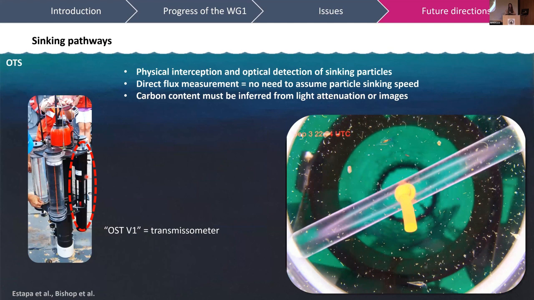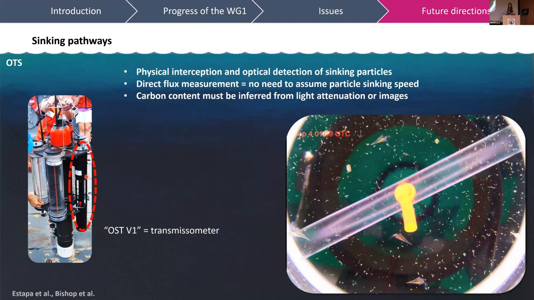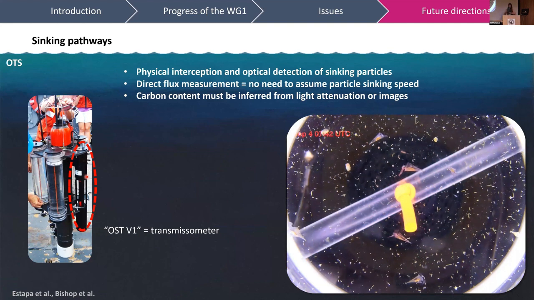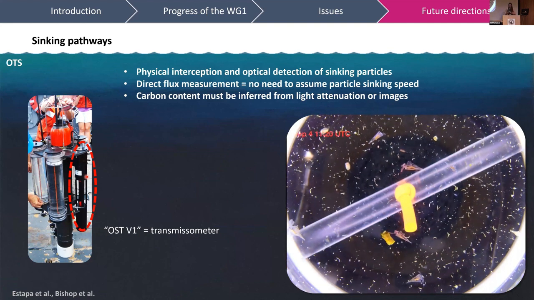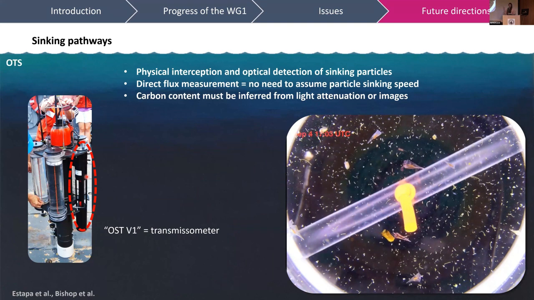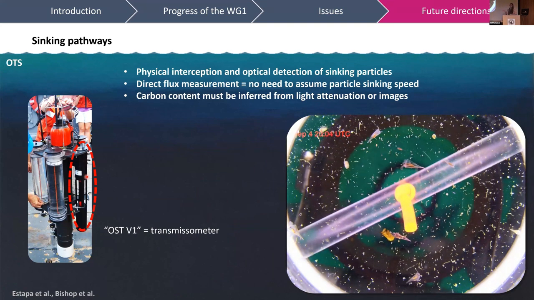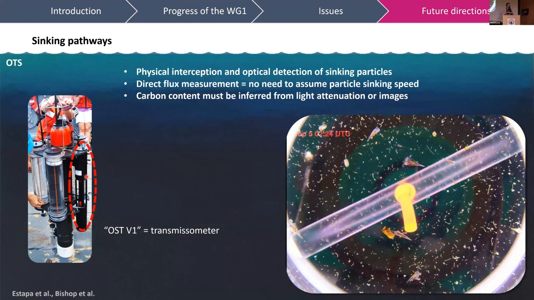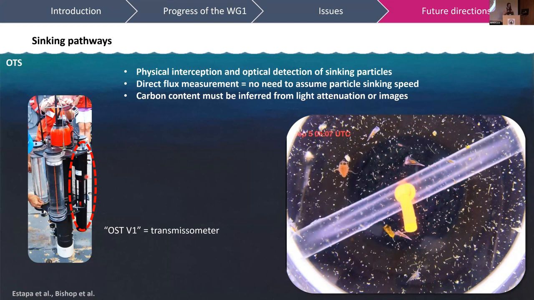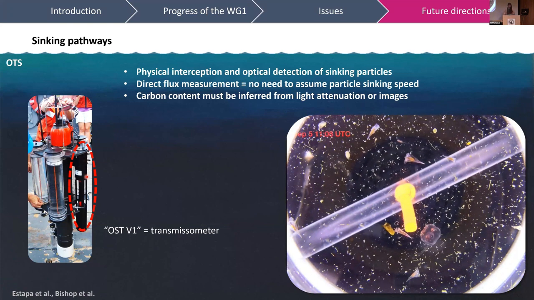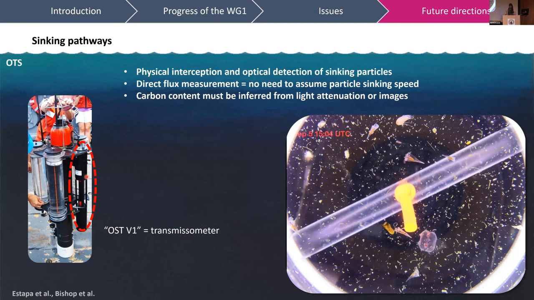So a way to get this information can be to use the OTS, which was already presented today by Hervé. It's a sediment trap with transmissiometer and a gel trap. And here you can see a movie of the particles sinking inside the sediment trap tubes. The advantages are that they are direct flux measurements and that the carbon content must be inferred from light attenuation or images.